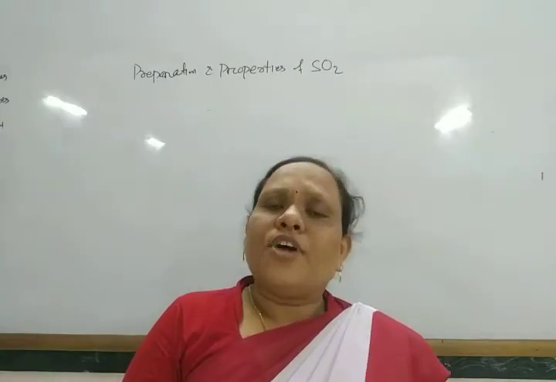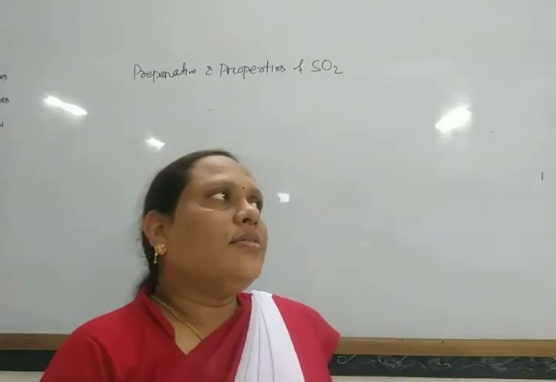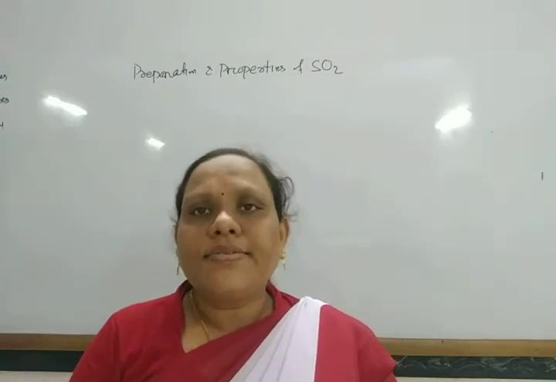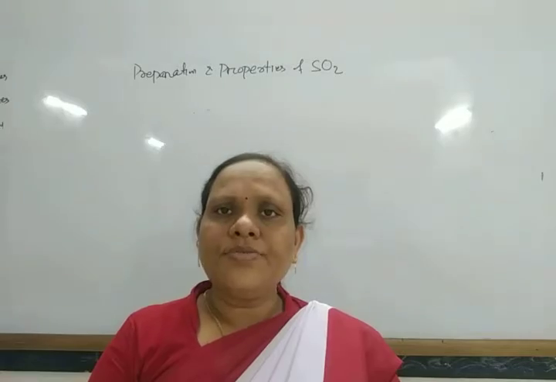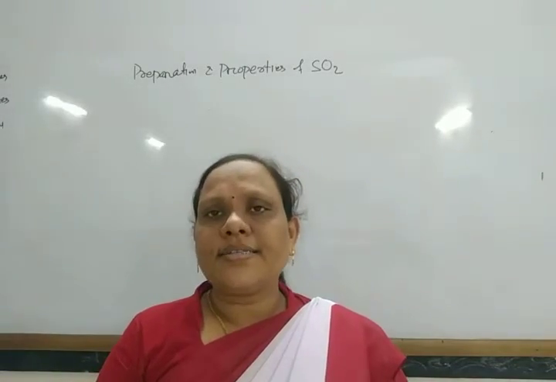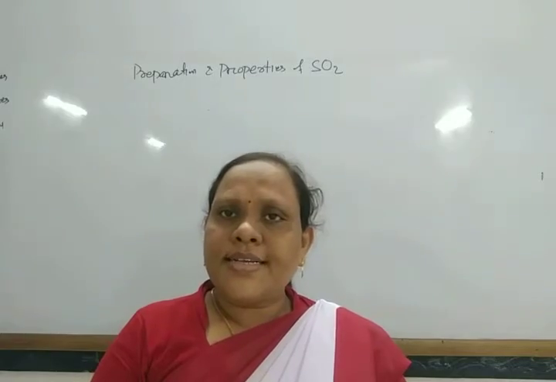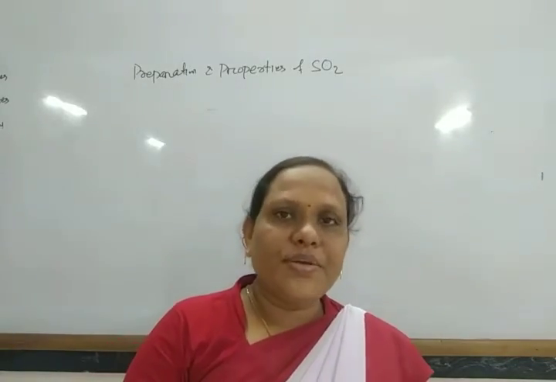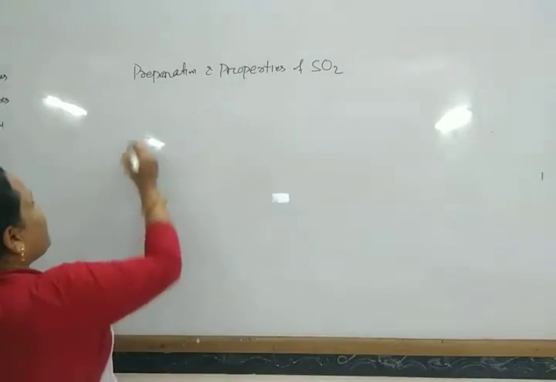Sulfur dioxide can act as a reducing agent as well as an oxidizing agent. In very few cases it acts as an oxidizing agent; in most cases it acts as a reducing agent.